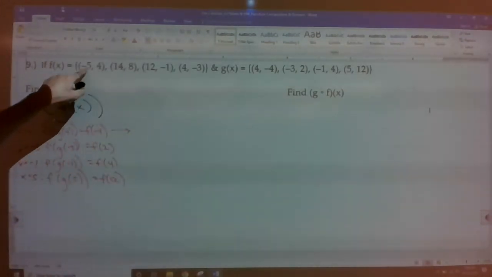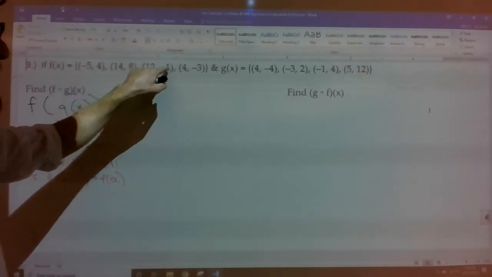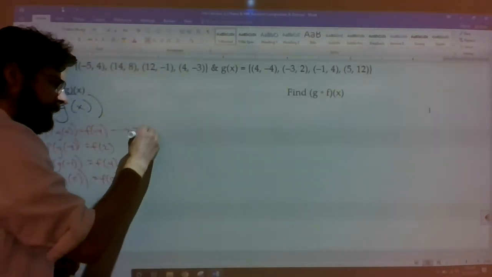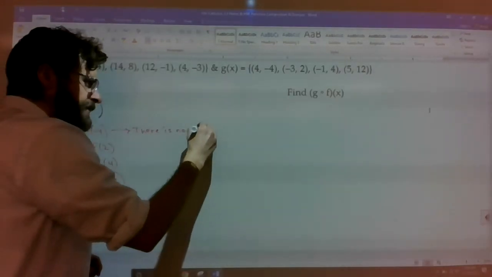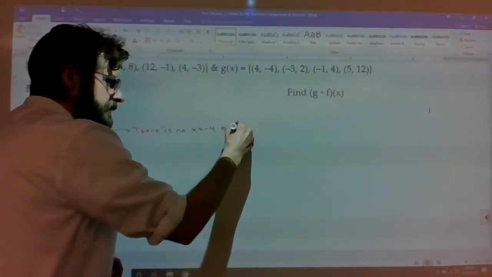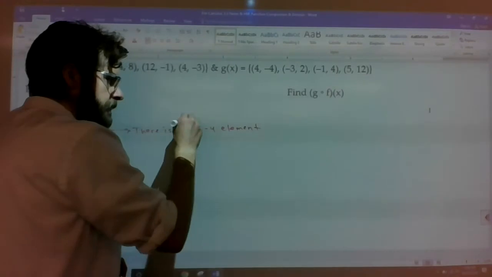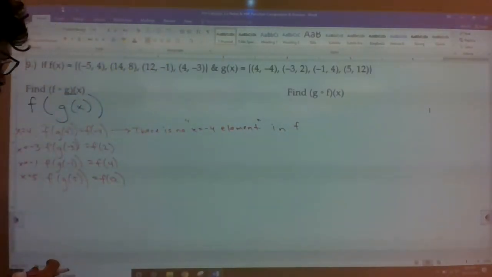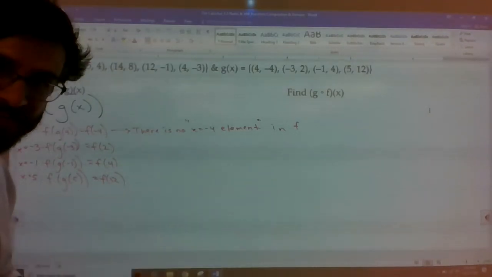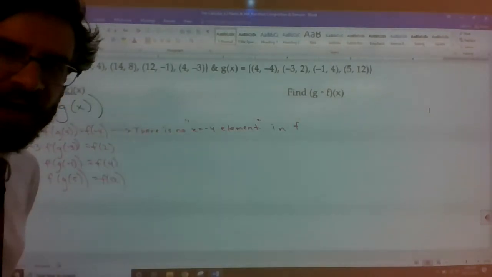So when I plug in -4 for the x's, there is no -4. There is no x equals -4 element in f, which means our composite function has an undefined element there.